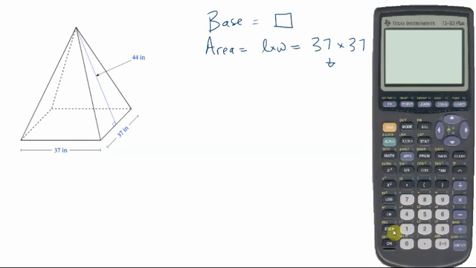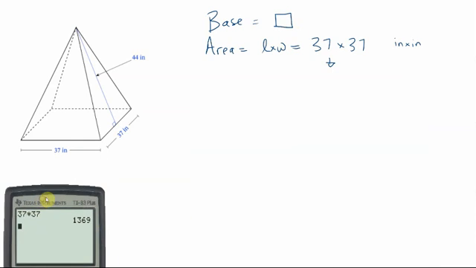Alright, turn that thing on. 37 times 37. 1369 is going to be the area of this base. This is this space right here. And we have to deal with these inch times inch, which is going to be inch squared.